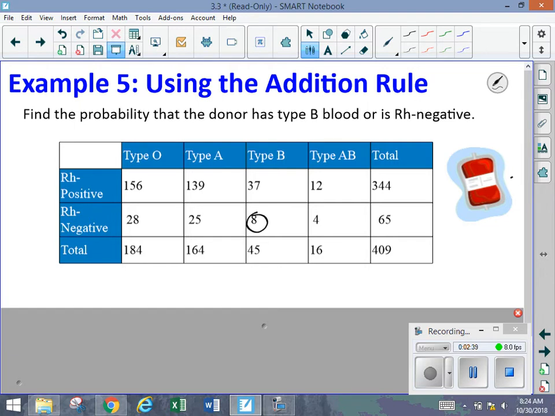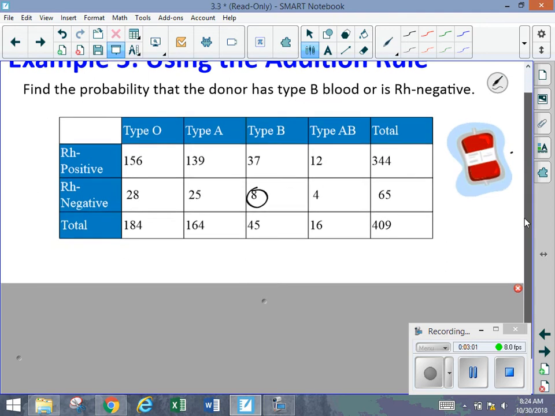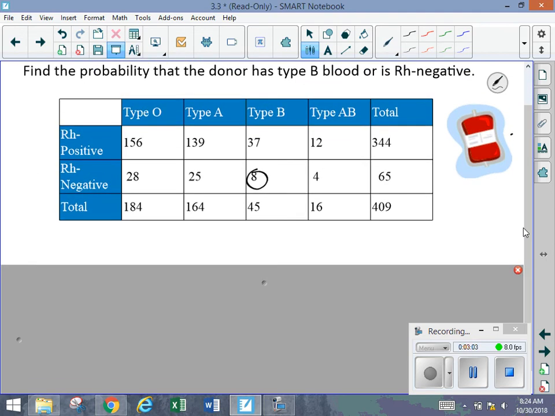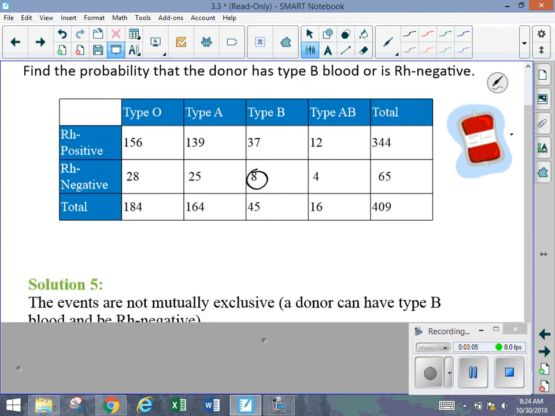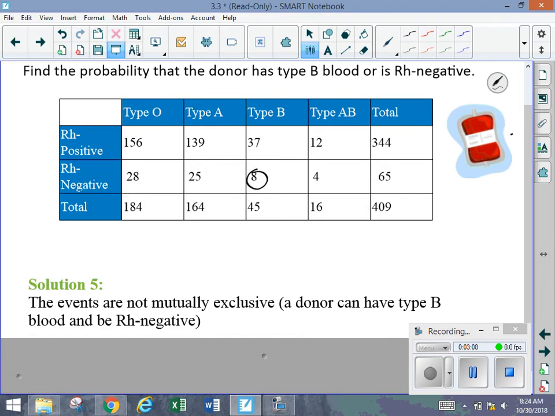So these two events are not mutually exclusive, which means I'm going to have to use the formula that says the probability of A or B is equal to the probability of A plus the probability of B minus the probability of A and B. Let's do that. I'm going to go ahead and write it here.